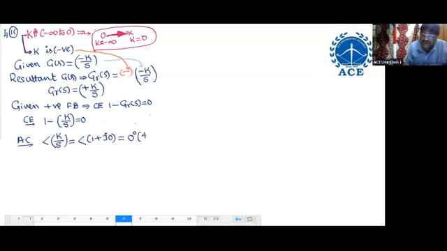That means you need to draw the inverse root locus, in which the direction is zero to pole.